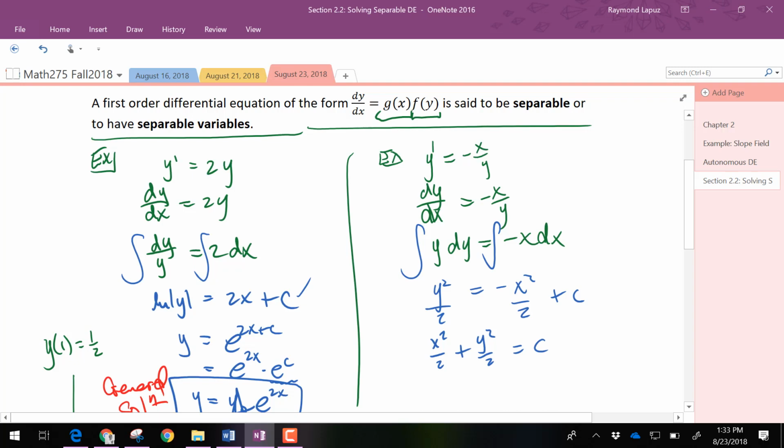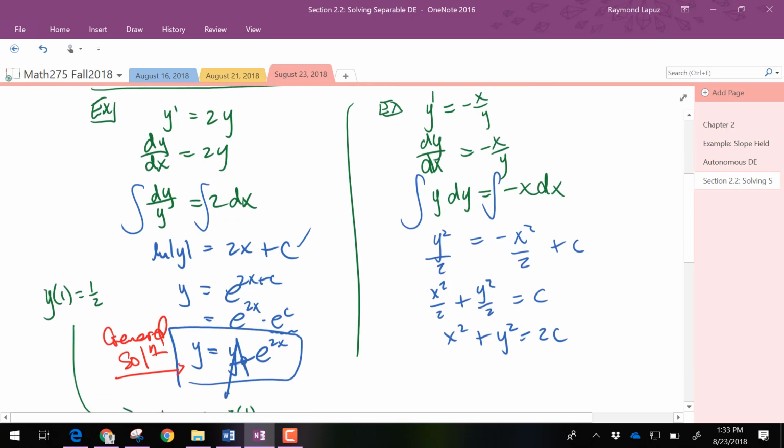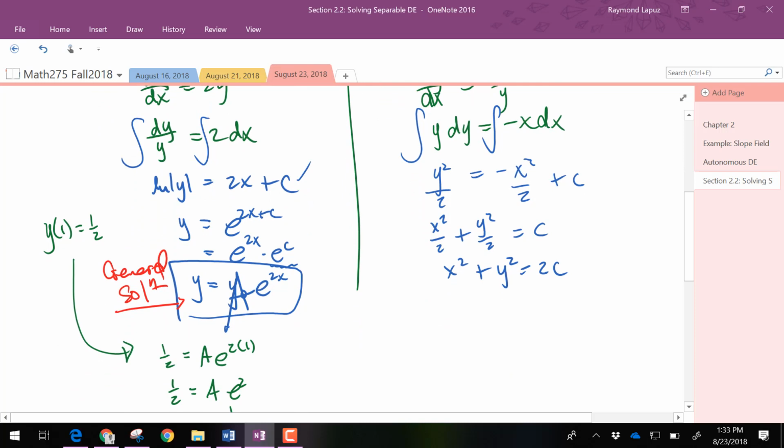And then we can bring x squared and y squared over to the one side. And then we can just multiply both sides by c, which we can call another arbitrary constant. In any case, we have a circle, an equation of a circle, right?